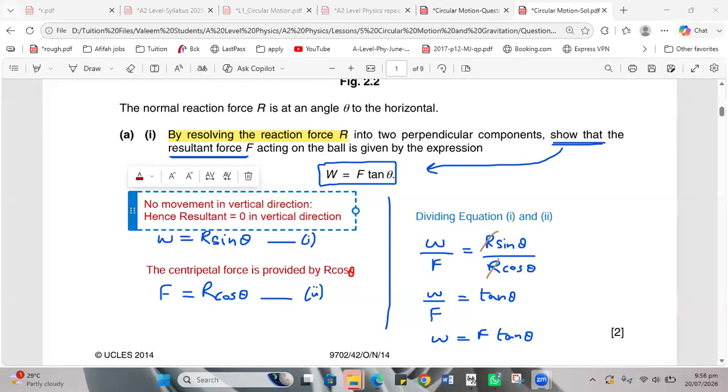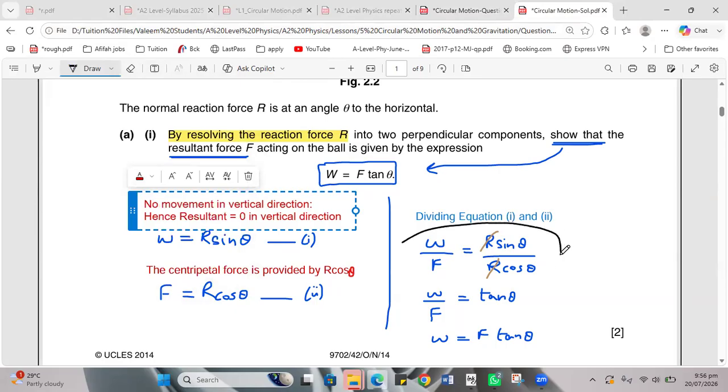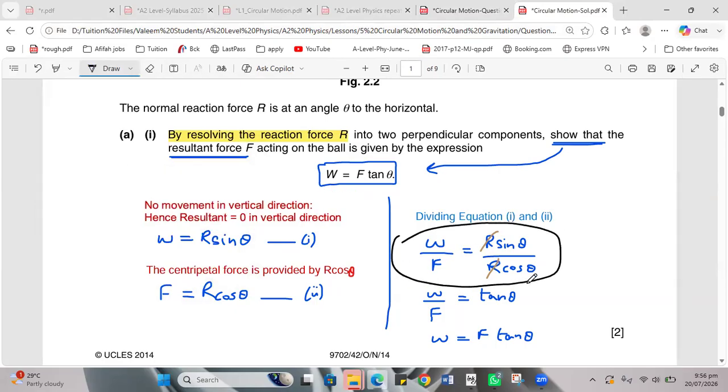Basically, divide the two equations. So W upon F equals R sine theta upon R cos theta. R cancels out, sine upon cos becomes tan, W upon F equals tan theta, and just rearrange: W equals F tan theta. Got it?